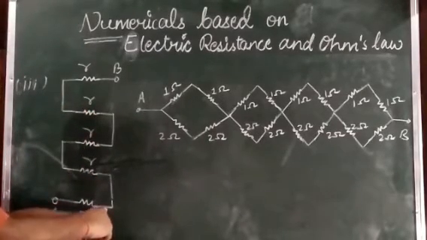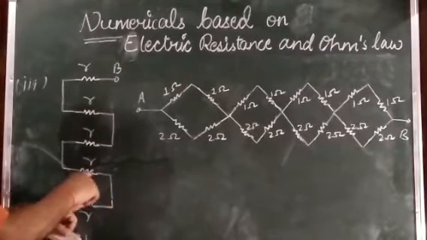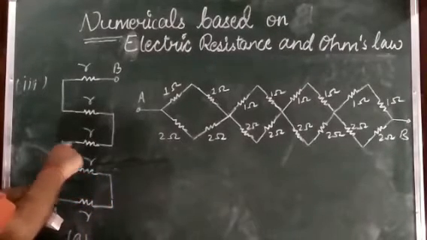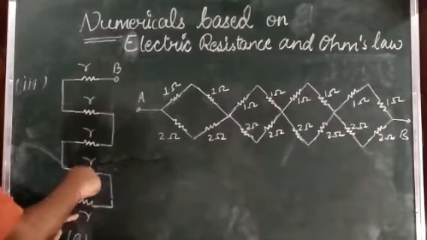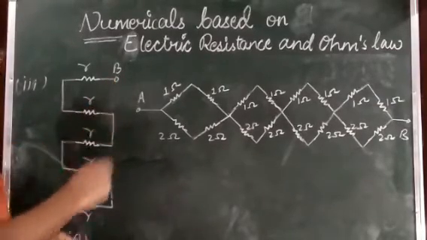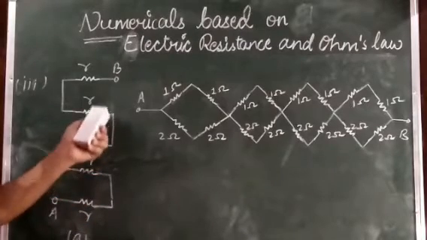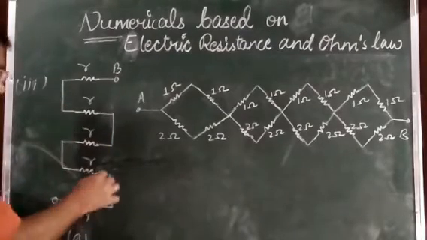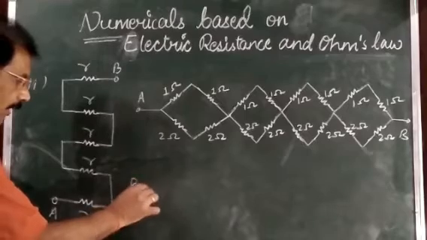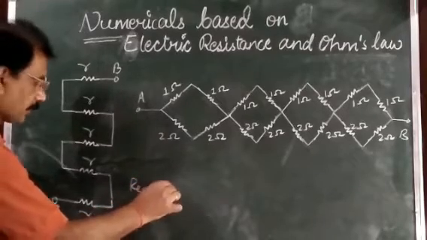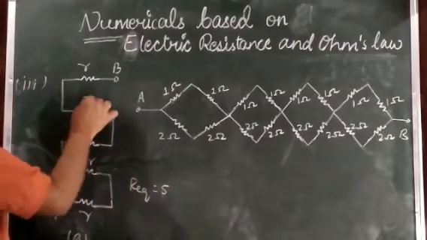Second end of this resistance is connected to the first end of the second one, second end of the second one with the first end of the third one. It means all these resistors between A and B are joined end to end. And this is the condition of series combination. So in this case, R equivalent is equal to R plus R plus R plus R plus R.